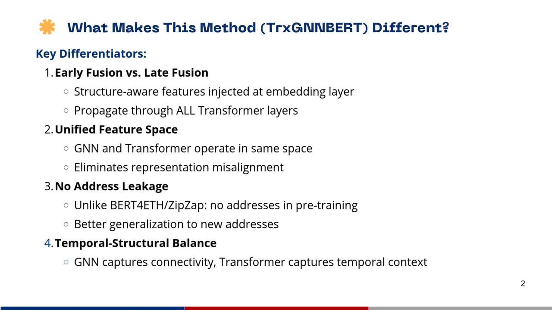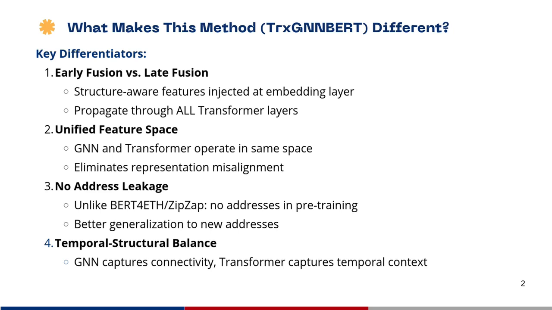And third, no address leakage. This is important. Unlike BERT4ETH and ZipZap, which use actual addresses during pre-training, this paper doesn't. This gives better generalization to new, unseen addresses that weren't used in the training data.